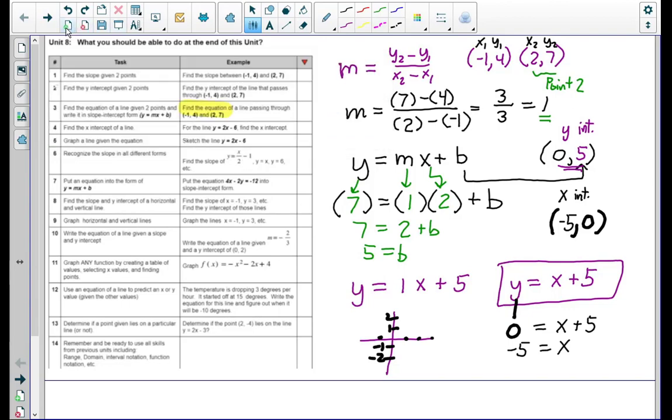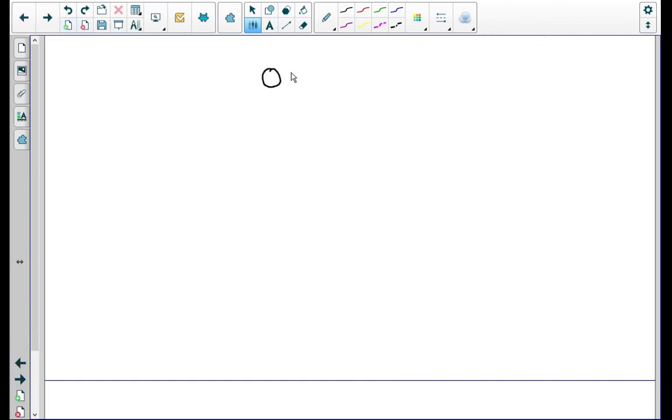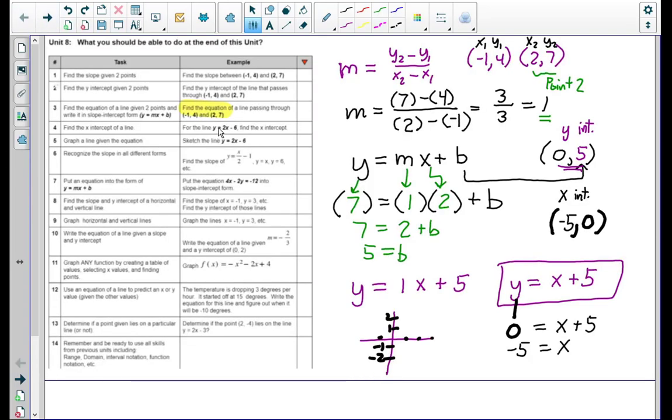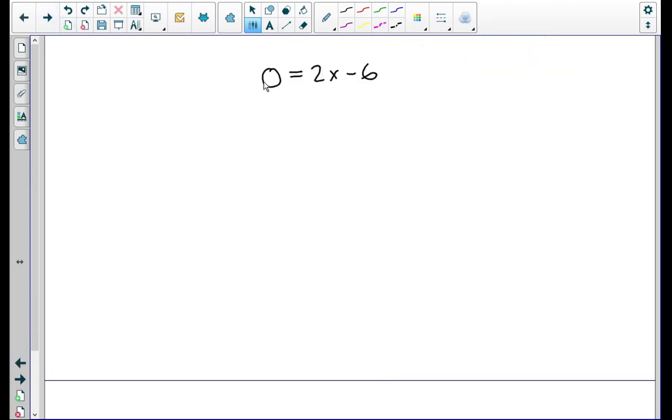Okay. So to find the x-intercept for number 4, we're going to plug in 0 for y. If I go back here, it's y equals 2x minus 6. Now it's 0 equals 2x minus 6. Why? Because whenever somebody asks me for the x-intercept, I always know the y value is 0, and the x value is to be determined.